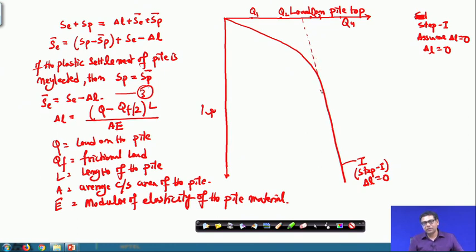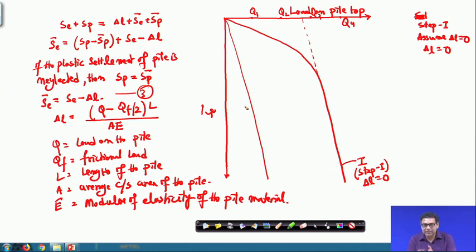This is the straight portion of this curve, so you draw a line parallel to it. But this curve is incorrect, because we have assumed del L equal to 0. So the straight curve is the parallel curve to the straight portion of this curve, curve 1.